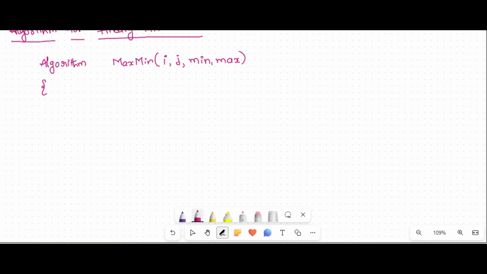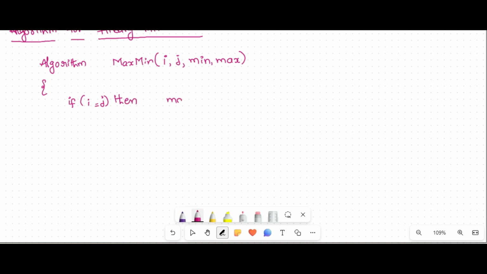Now first, what we have to write? If you remember the control abstraction or general method of the divide and conquer approach, we have written: if the problem is small, find the solution. The same manner here also. So if small, that means i equal to j, that means only one element is there.